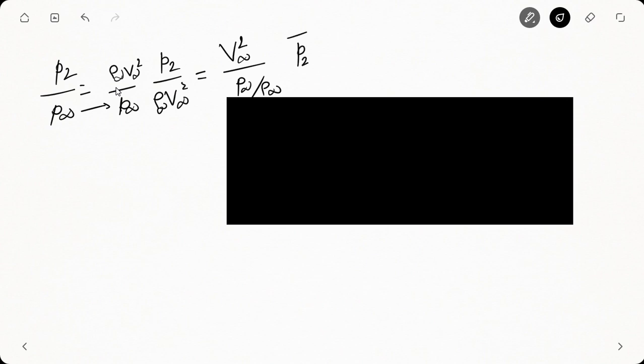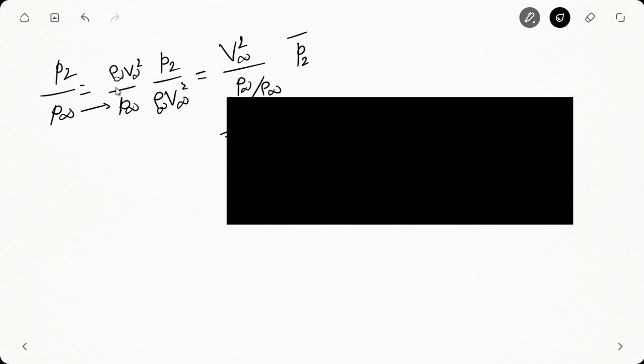P2 bar, and this is again equal to V infinity square by RT, because P by rho is equal to RT from the equation of state. I'm sorry students, I'm suffering from some kind of cold, and I'm creating these videos in an emergency because you need this.